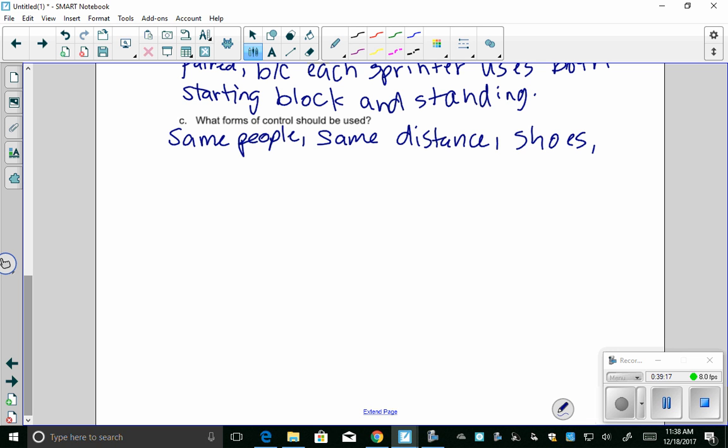They could be just like regular shoes, and then they could be like track shoes. So it's important that they wear the same shoes, because it's not fair if I wear flip-flops on one run and wear tennis shoes in the next. It's not fair if you have one person running on grass and then the other one running on concrete. Shin splints hurt. Anything else that you can think of?